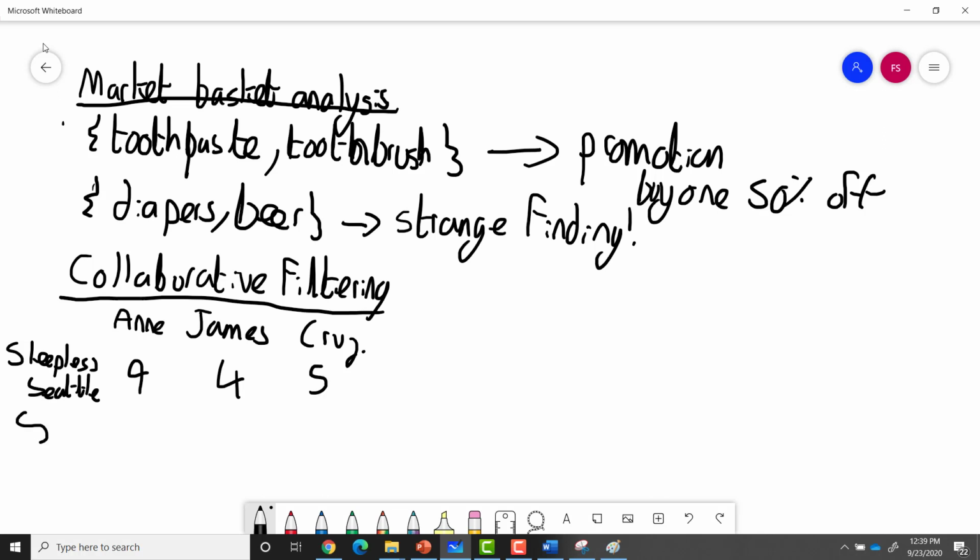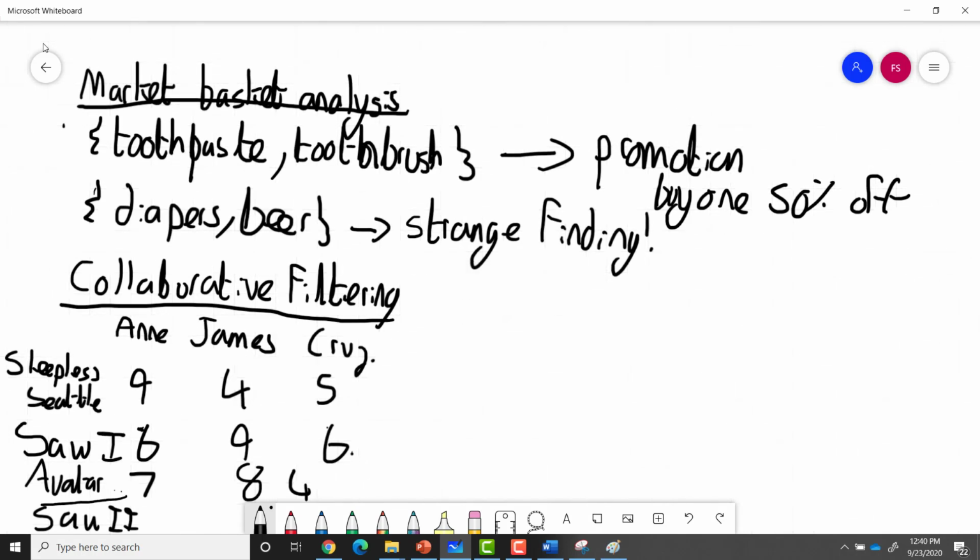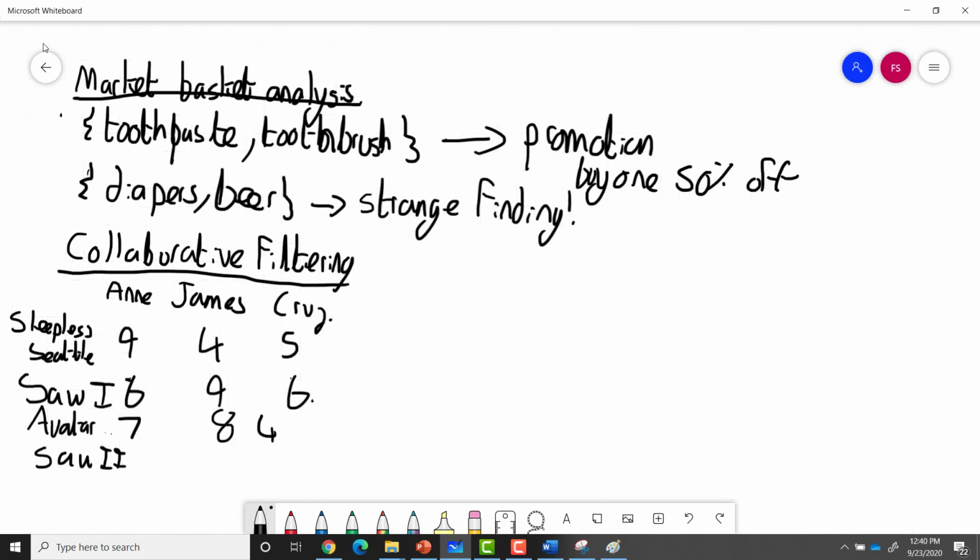And then we'd have Saw. There's lots of Saw movies, which maybe Anne rates a 7, a 6, and James is a 9, and Cruz is a 6. And then we'd have something like Avatar. What do we do with Saw 2? What we want to do is basically look for movies with similar rating patterns.